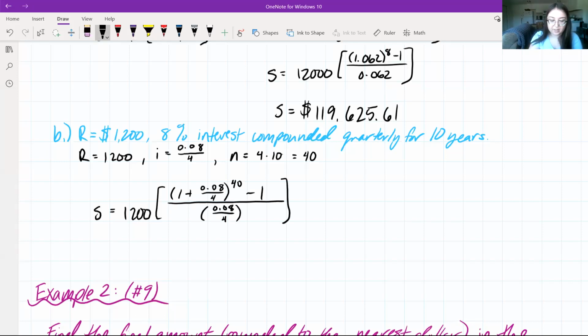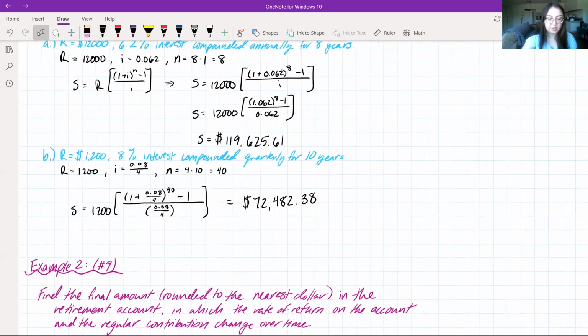Since there's a lot of terms in this case, I invite you to calculate this one on your own. And if you did, you should have gotten $72,482.38.